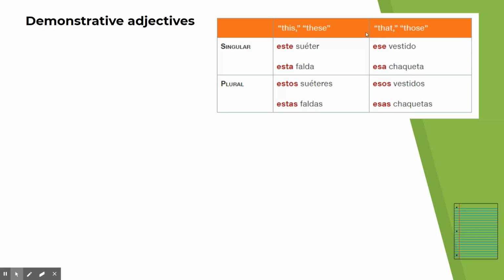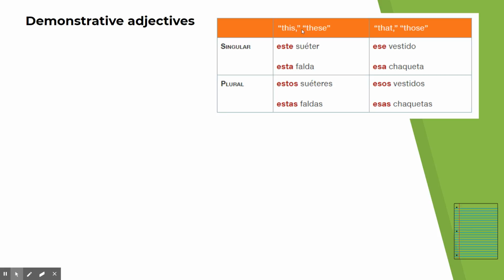So this versus that. This skirt, esta falda. That jacket, esa chaqueta. These sweaters, estos suéteres, as opposed to those dresses, esos vestidos. These skirts, estas faldas, versus those jackets, esas chaquetas.